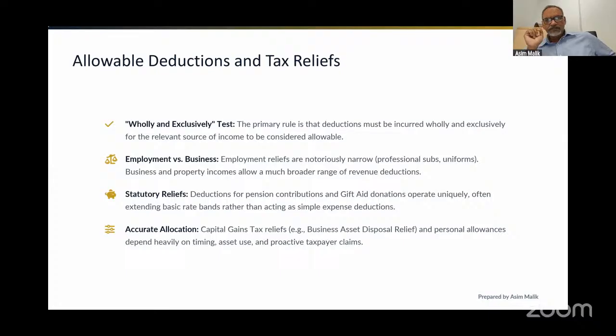For employment, you not only look for wholly and exclusively, but the necessary condition as well. So an expense has to be incurred which is necessary for the employment. For example, again, a person is traveling, paying traveling costs. Is it necessary for the business, or are there any other alternatives? That is something HMRC look into.